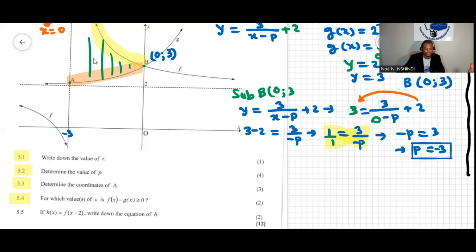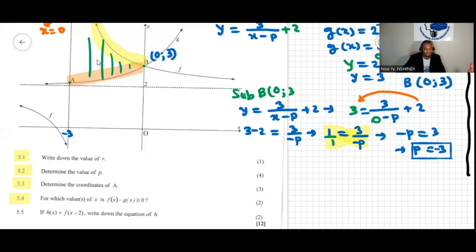Because when we talk about f of x and g of x, we're referring to the y values. Those values that we see, those arms of the hyperbola and this portion of the exponential function.